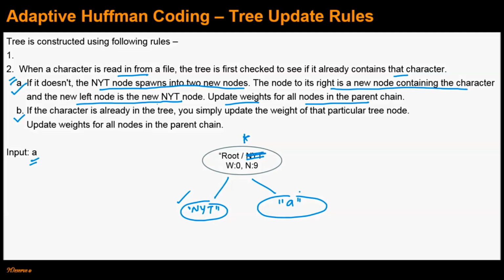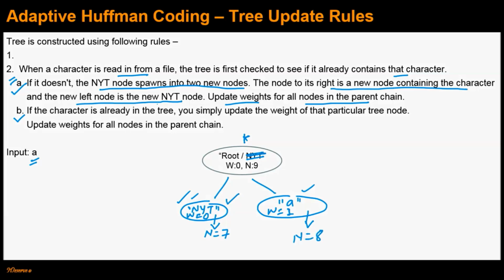So firstly, we need to update the weight of this node and this node. The weight of the node which represents symbol A would be 1 because the frequency of character A is 1 at this point in time. The weight of the NYT node would always be 0. Then the N for this node is 7 and N for this node is 8.